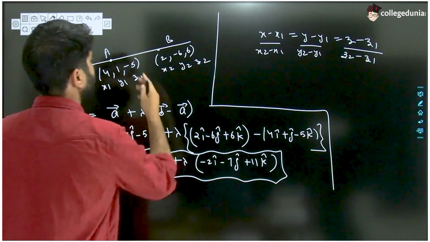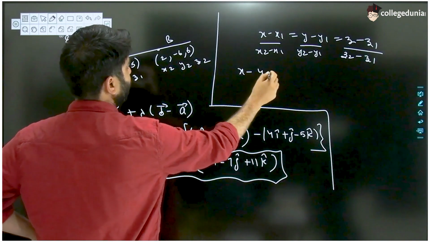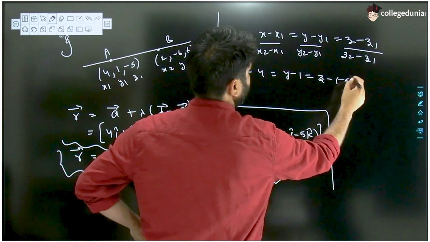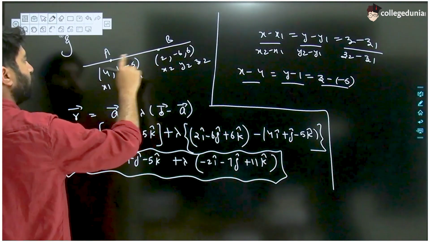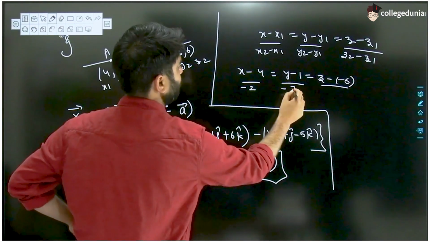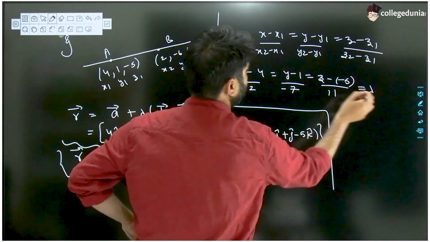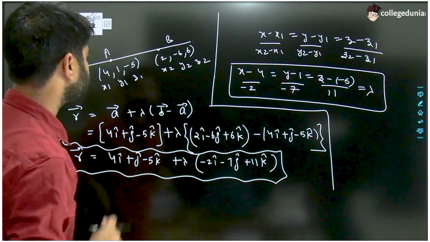So putting the values in the formula, we will have x minus 4, y minus 1, and z plus 5 divided by x2 minus x1, so 2 minus 4, this is minus 2, minus 3 minus 1, this is minus 4, and 6 plus 5, now this is 11, which is equal to lambda. So guys, you can see this is the Cartesian equation of the line.